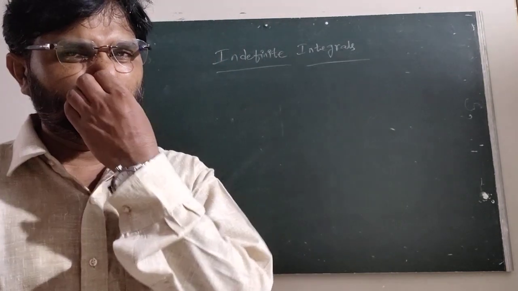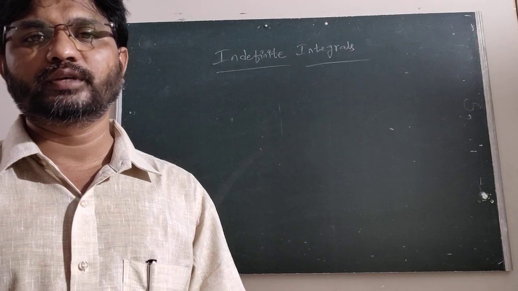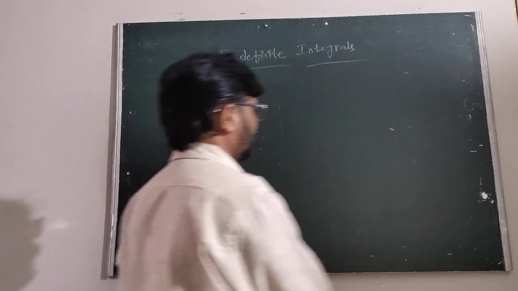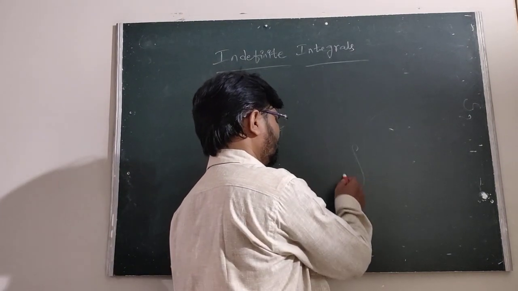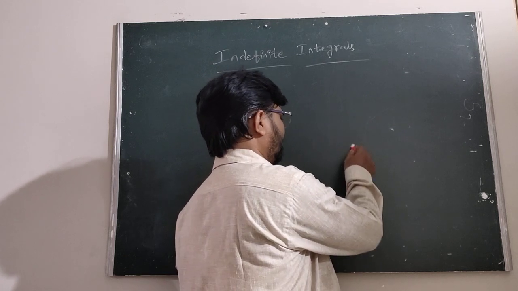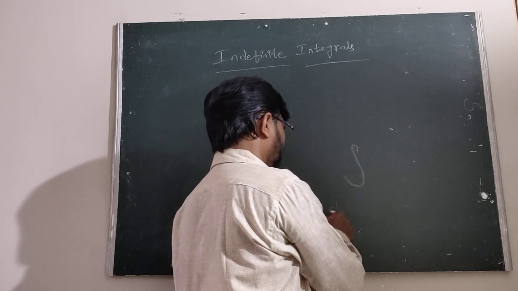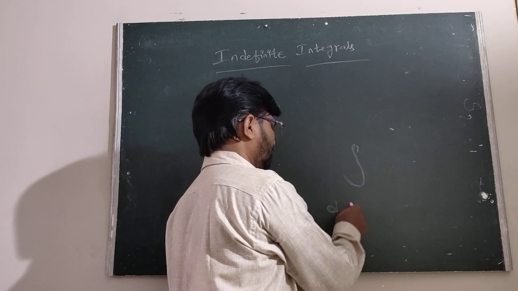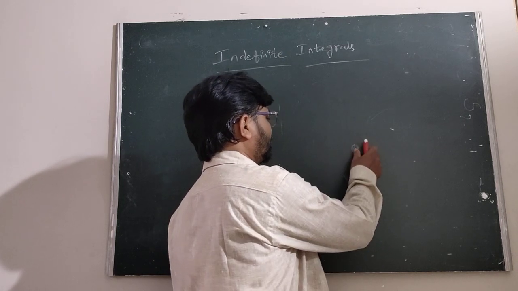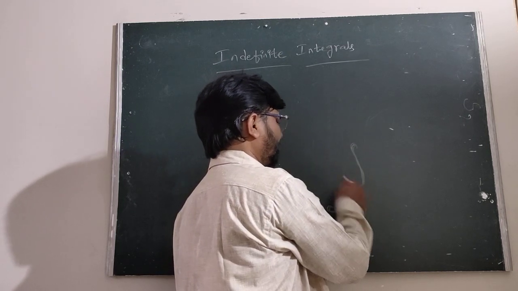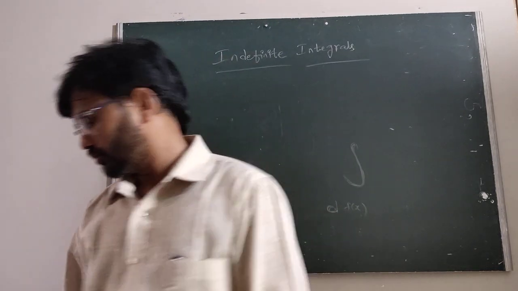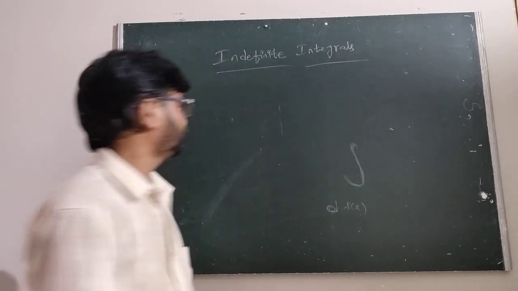Here the derivative is denoted by d by dx of. The integration is denoted by the integral symbol, which we read as the integral of. In the derivative we write d of f of x, but here we write the integral of.